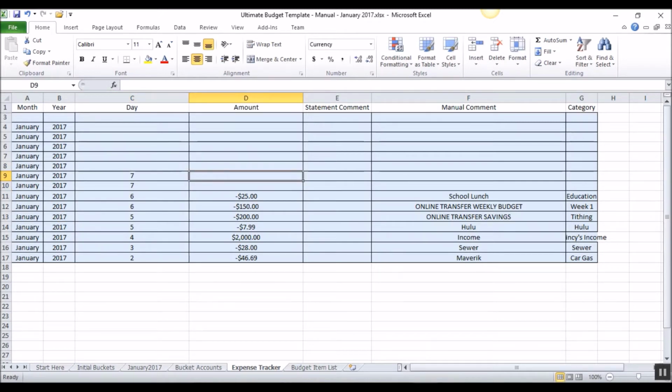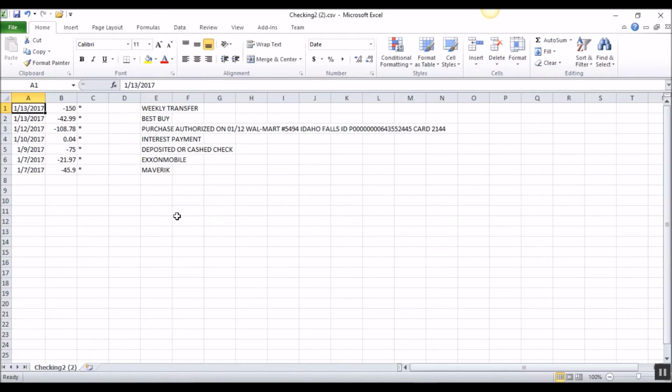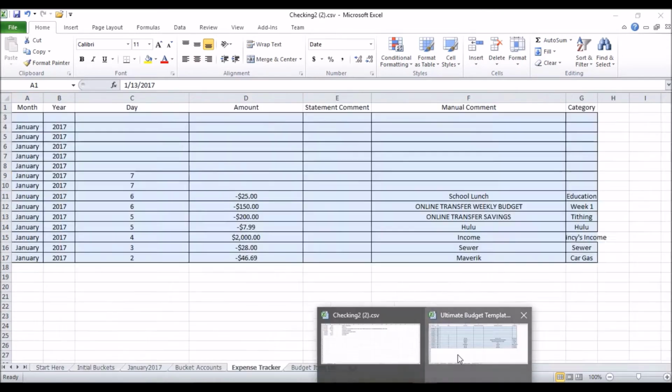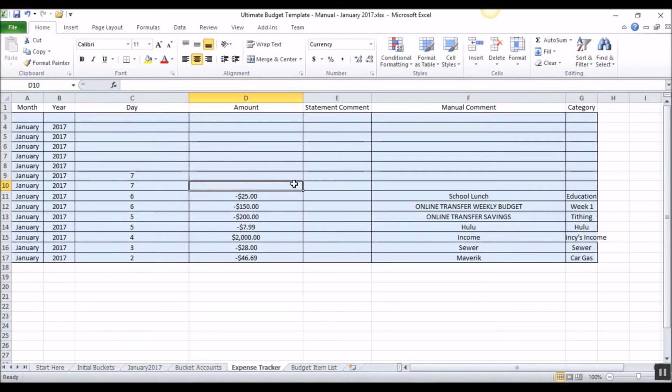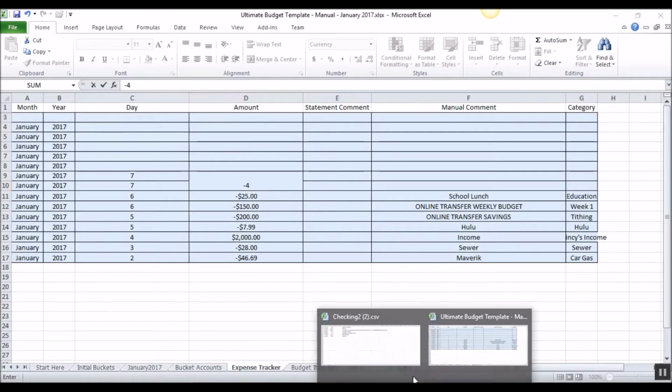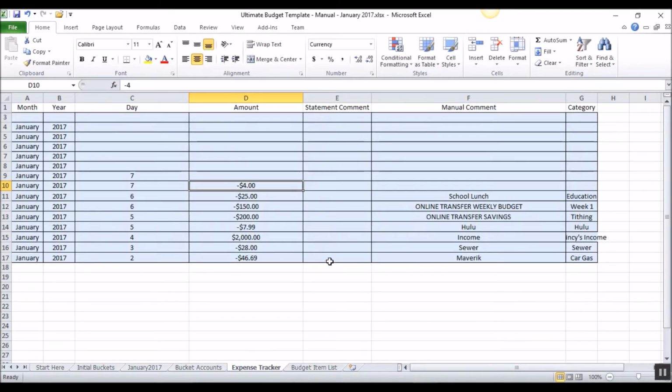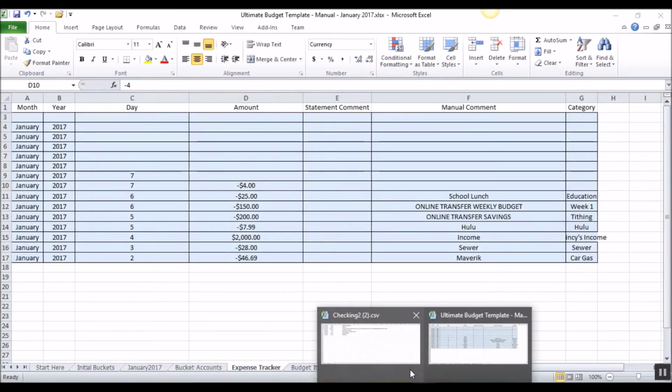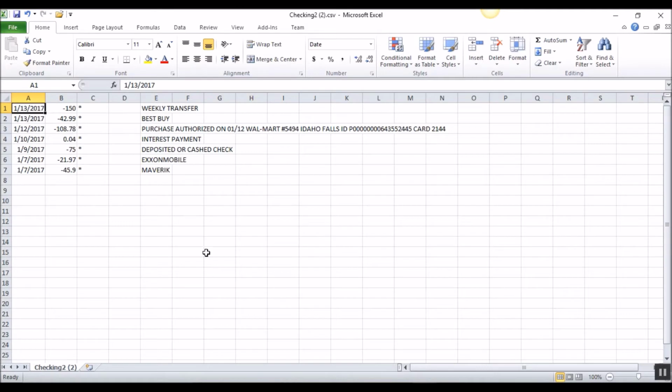And we'll jump back over. Oh, my Alt tab doesn't want to work for me today. So I've got 45.90 and 21.97. So over here, a negative. Oh, now I'm forgetting. You're all probably sitting there thinking, hey, I already know what it is. 45.90.